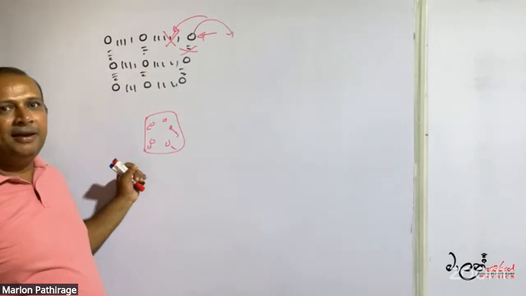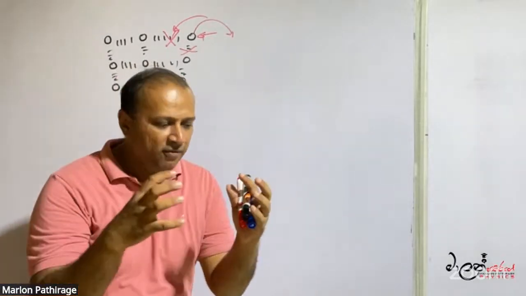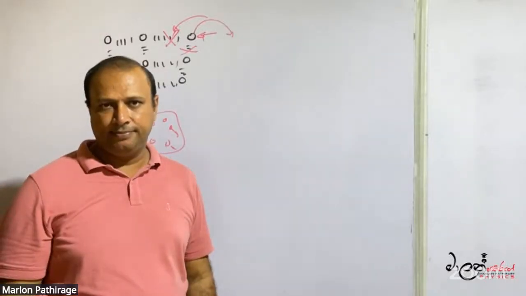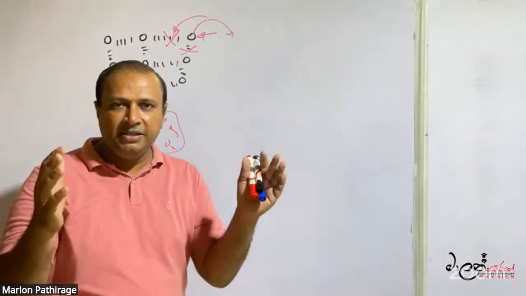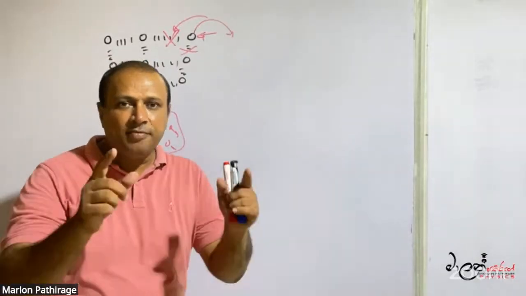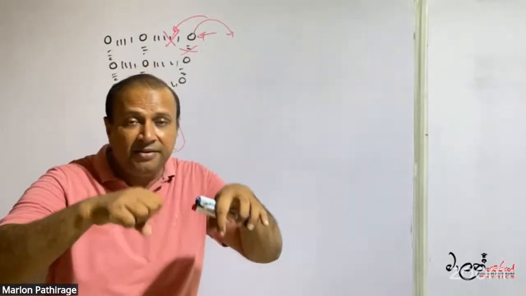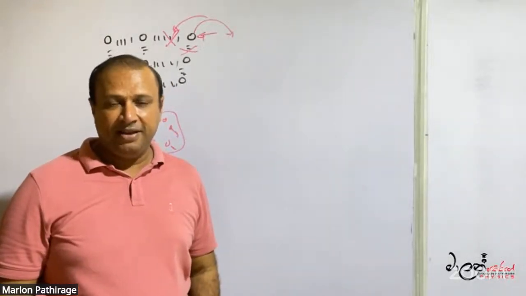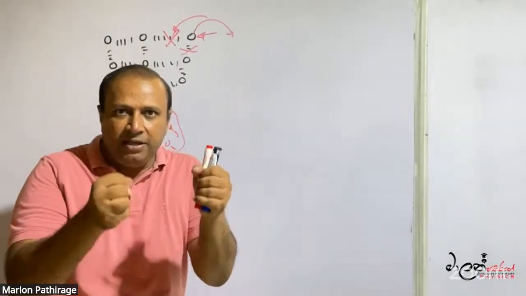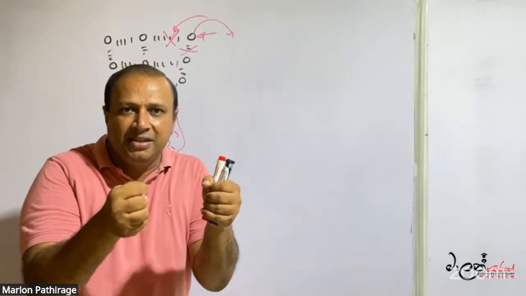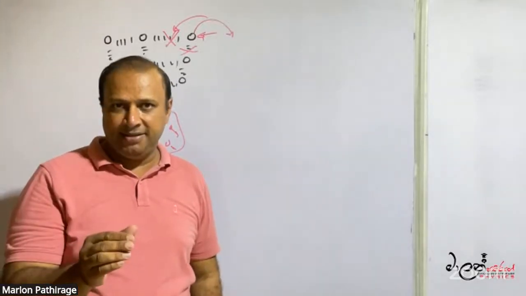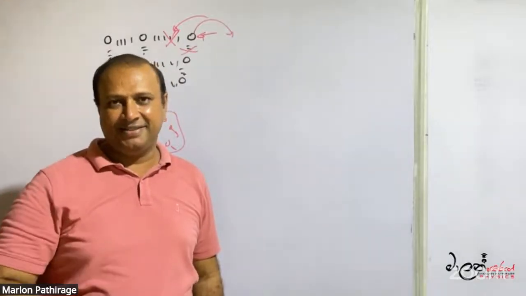Therefore, when they are forming bonds, they will come to a stable position. That means their kinetic energy will be decreased. When there's a formation of bonds, those particles come to a stable position, so their kinetic energy decreases.